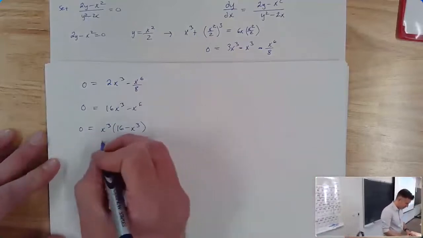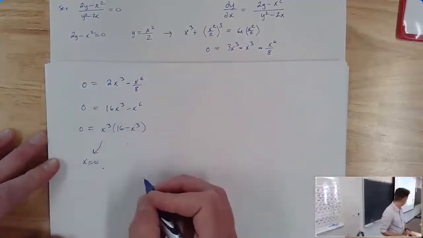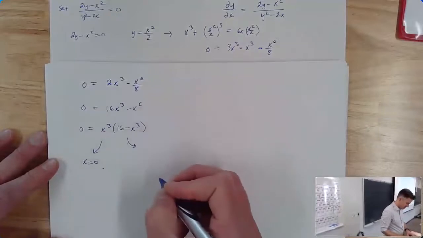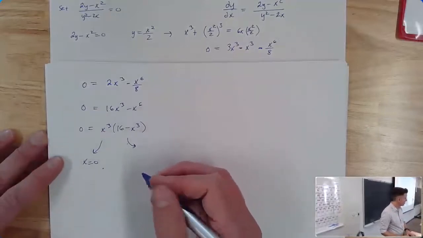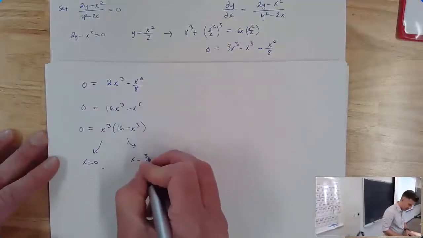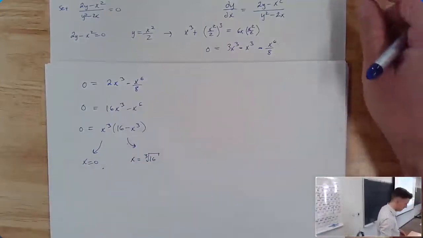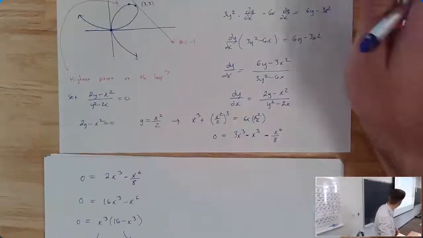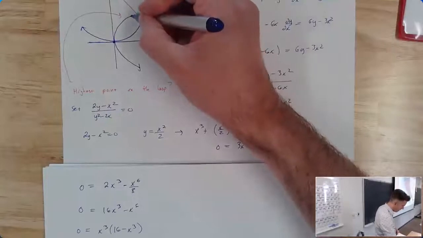So I do get x equal to 0. And I also get x equal to the cube root of 16, which is not a lovely number, but it is certainly a number that seems like a plausible choice for that point right there, right?